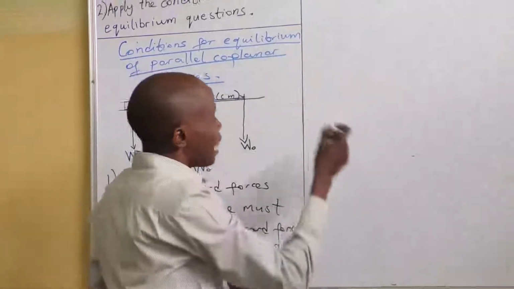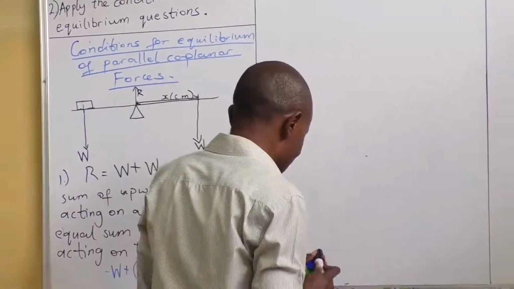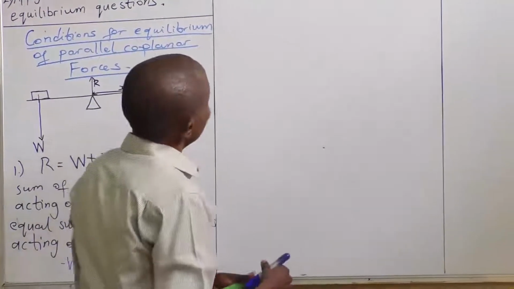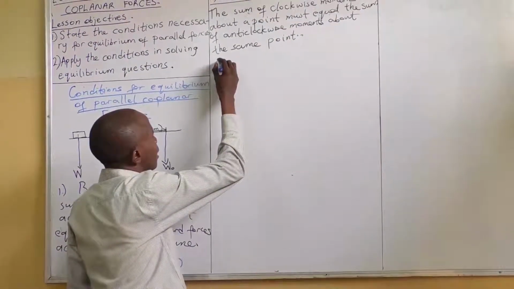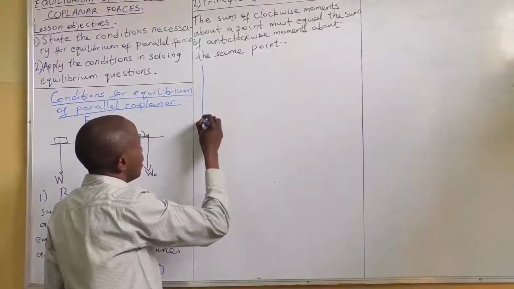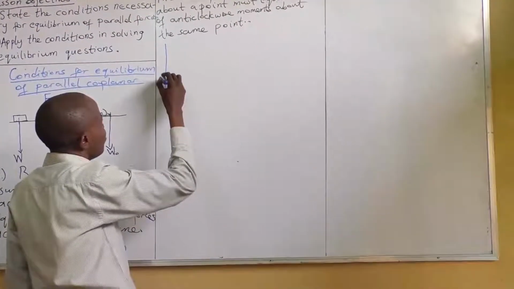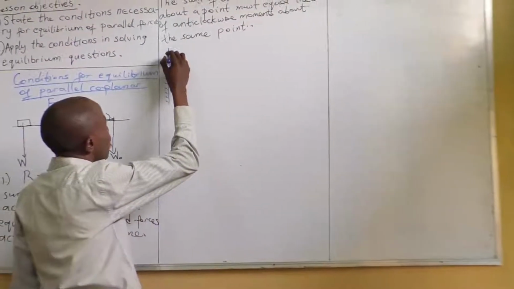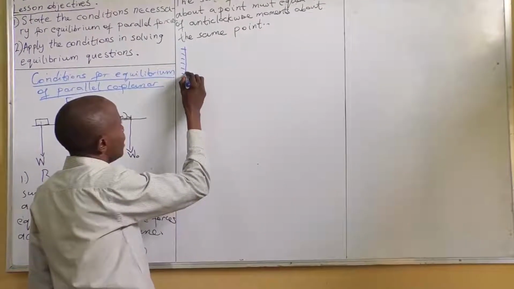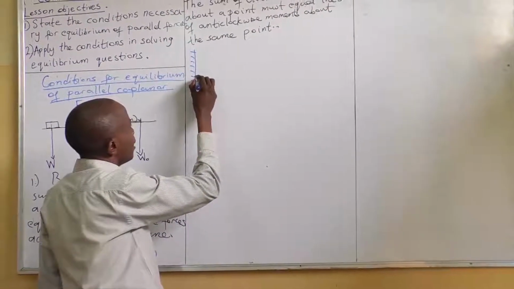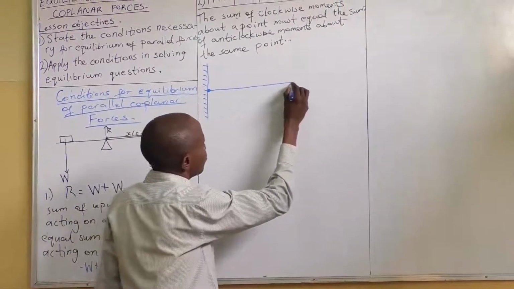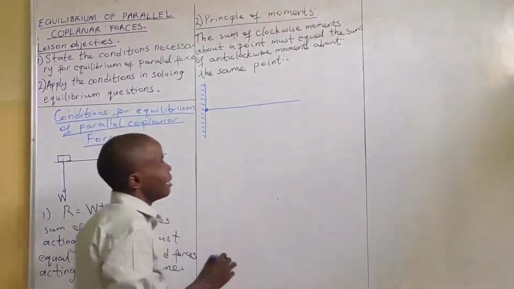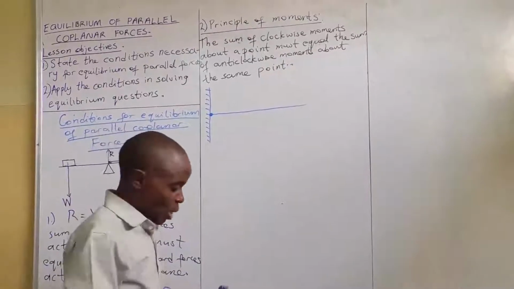Now, applying that principle, what is that saying? Let's look at a beautiful scenario. Let's say we have a vertical support or a wall, sort of, and then there is a support here, and there is a horizontal rod here. And then the rod has a weight.